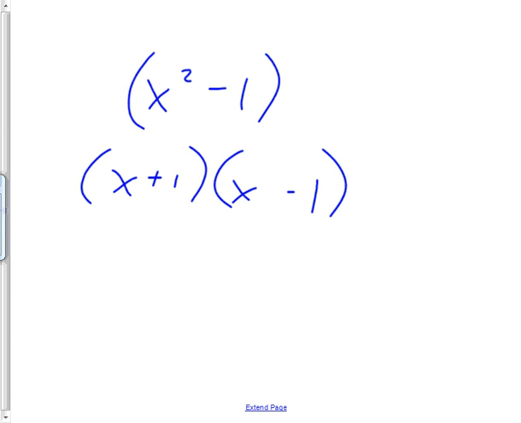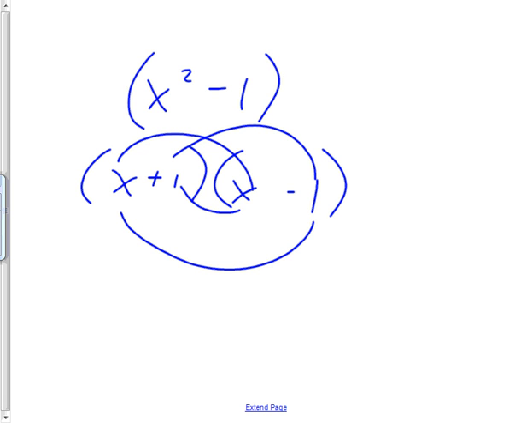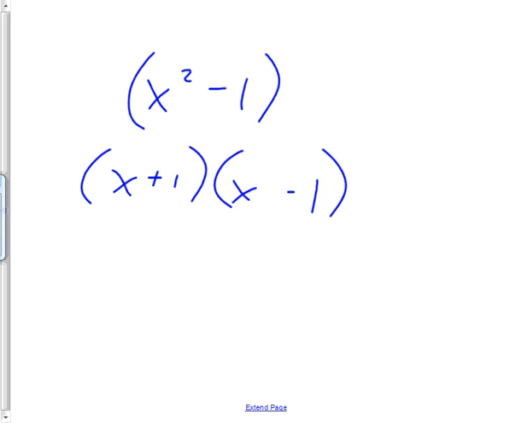Because 1 is a perfect square, because 1 times 1 makes 1. So the outside and the inside will cancel, just like you'd want. And the firsts make x squared, and the lasts make negative 1. So it works. The parentheses around it at the beginning were irrelevant. Ignore those.